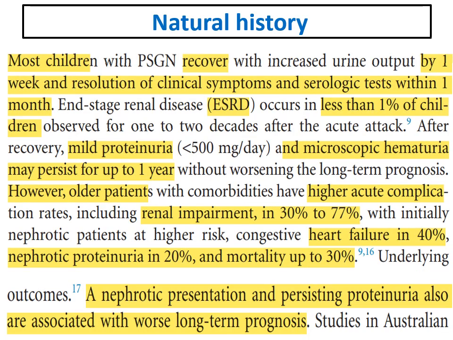What about the natural history? Natural history and prognosis of patients. Again, like the clinical manifestations, it is different in children and adults, because children usually have a mild affection, and there is usually spontaneous recovery and increased urine output by 1 week, and resolution of other clinical symptoms and serological tests within 1 month.